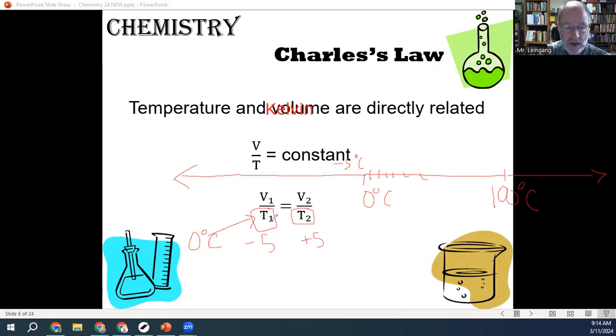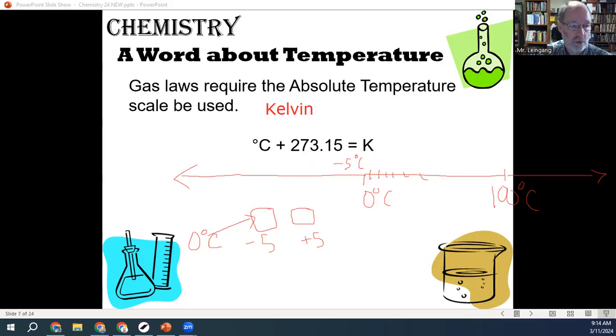It becomes undefined in your calculator. And so Kelvin and other scientists came up with a scale for temperature where 0 is the point where it is the absolute coldest possible.